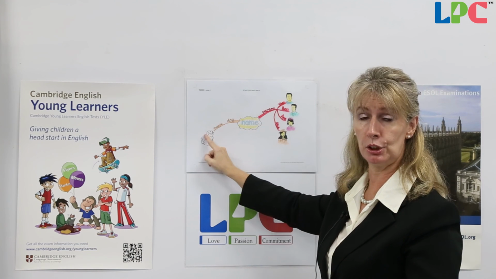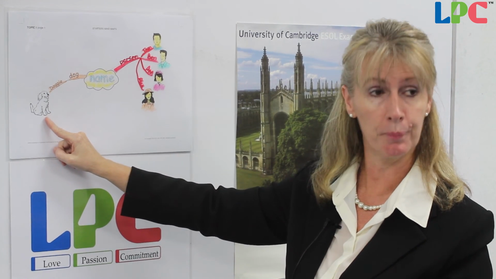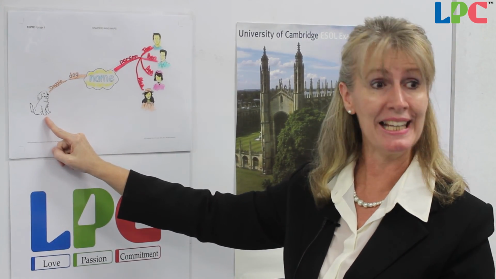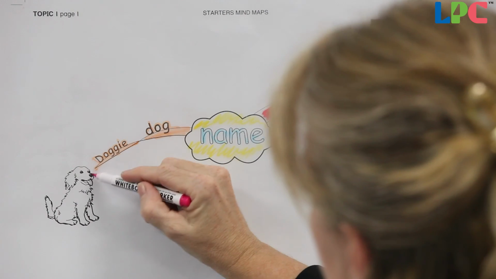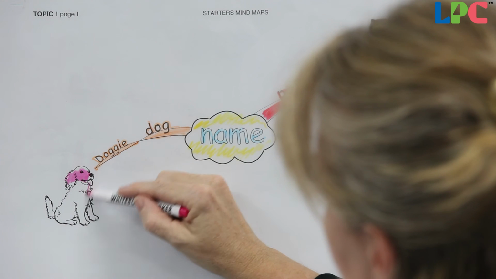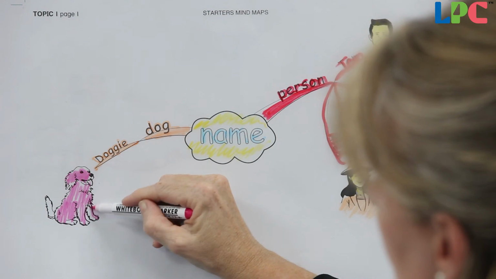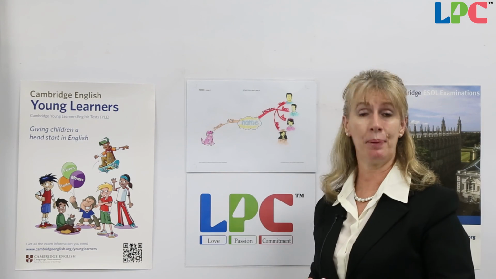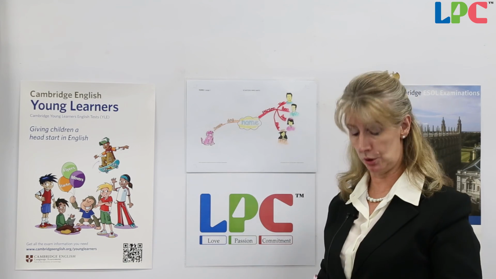Continue by asking the children to colour doggy and say doggy as they do so. Colour doggy any colour you like. Don't be tempted to comment on a pink dog. Focus only on what you need to say and do.